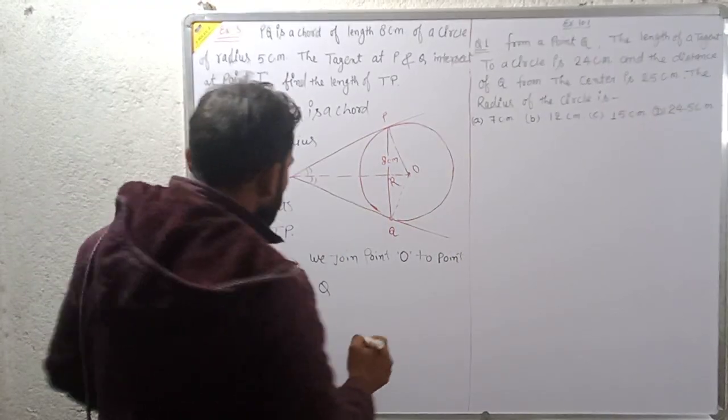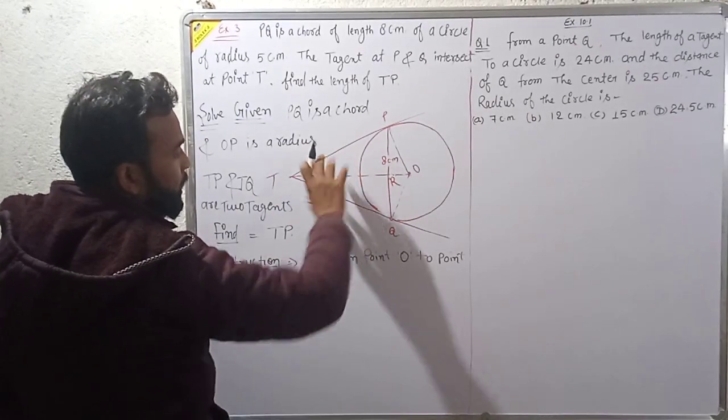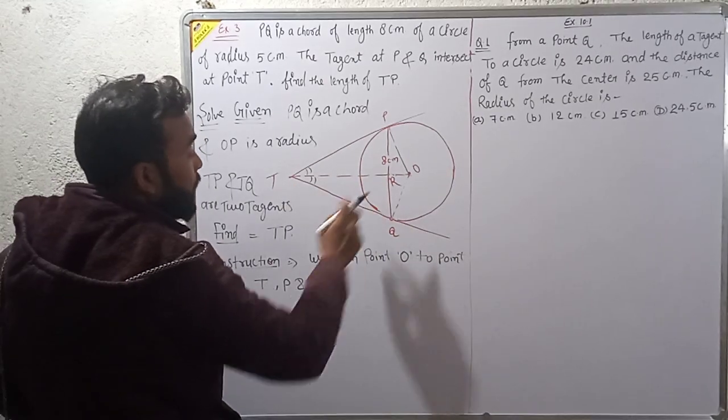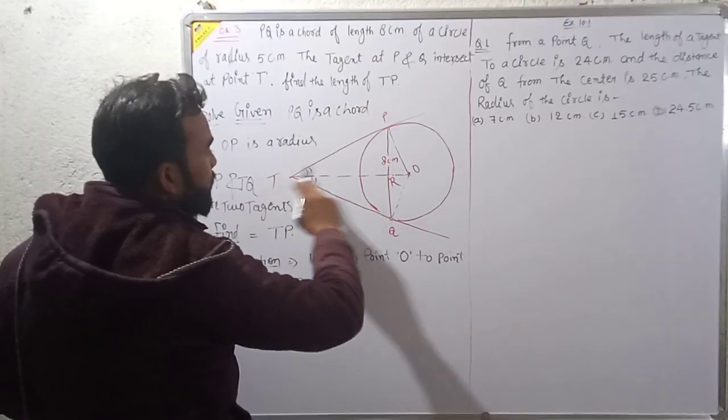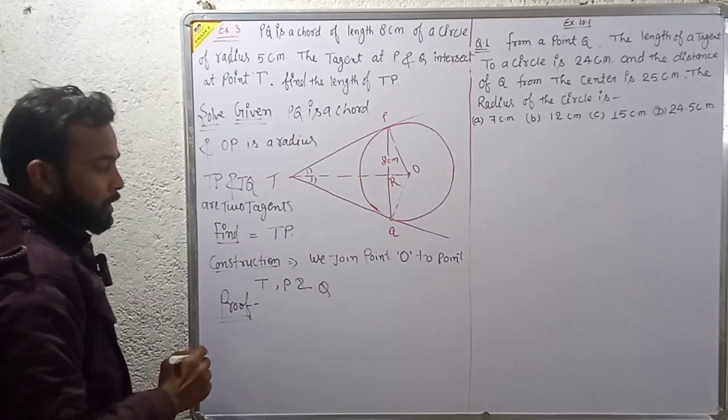Clear? So first we prove this is an isosceles triangle and this TR is an angle bisector of angle TPQ. Clear?